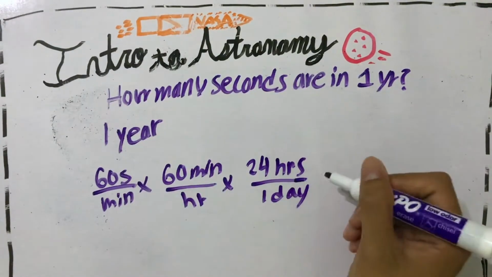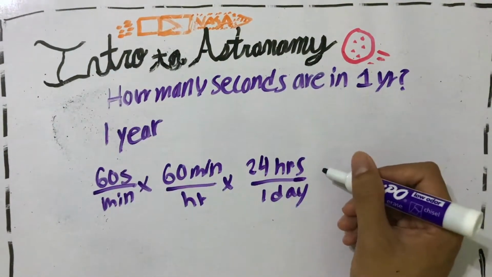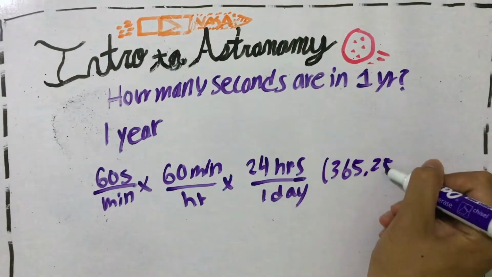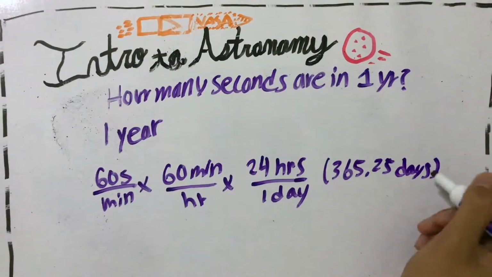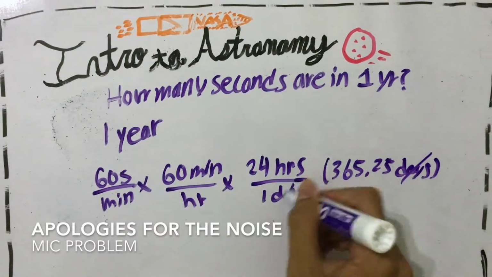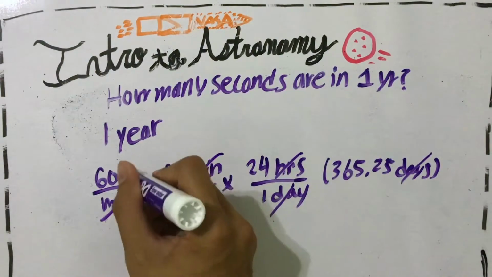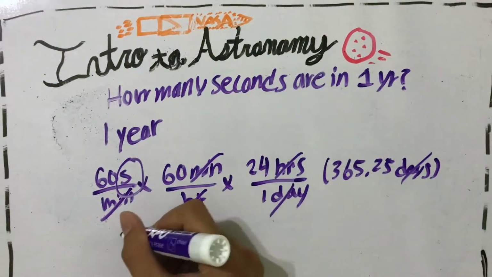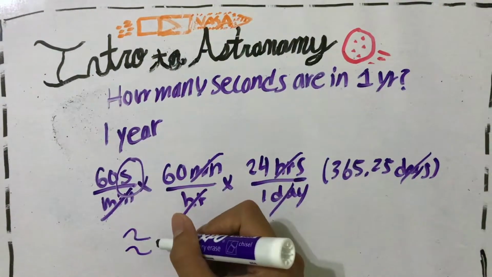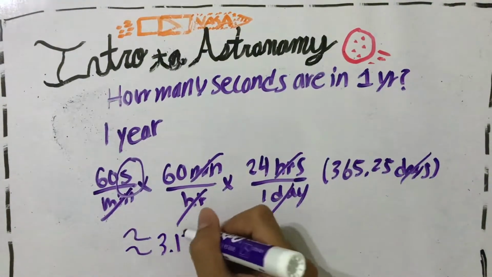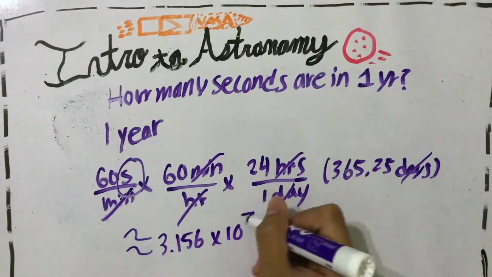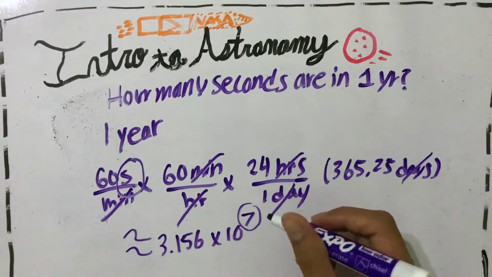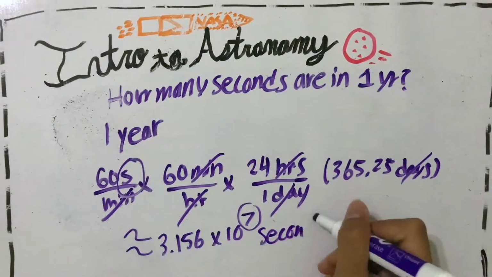And now we need to cancel days by knowing that there's approximately 365.25 days in 1 year, so that we can cancel all of these units and be left with seconds. After we multiply all these values out, we get approximately 3.156 times 10 to the 7th seconds, a really large value.